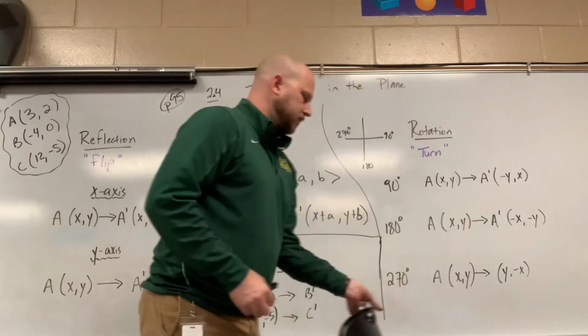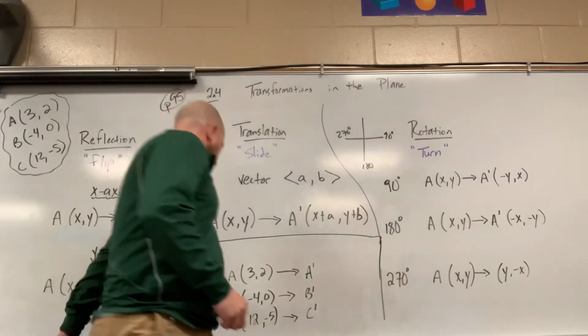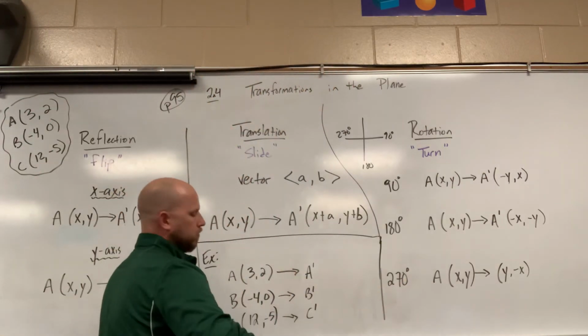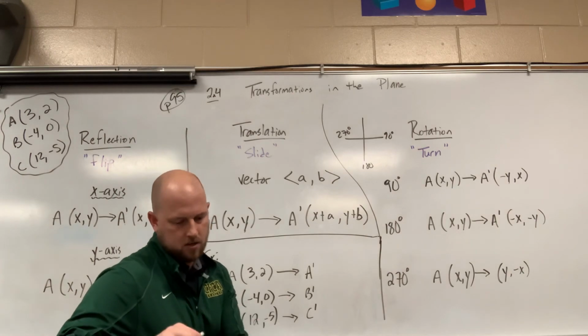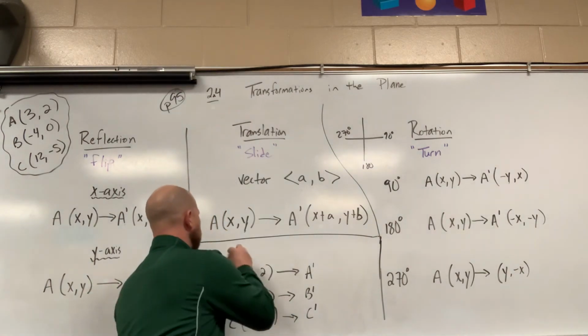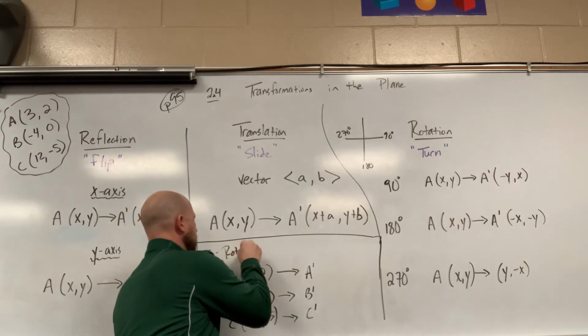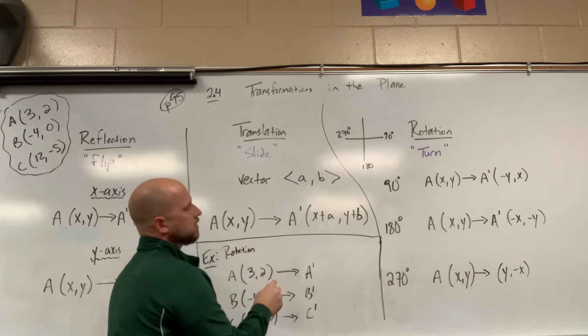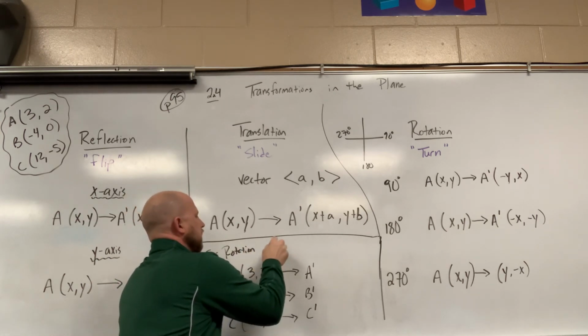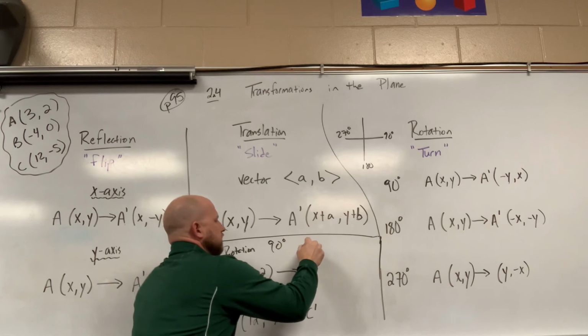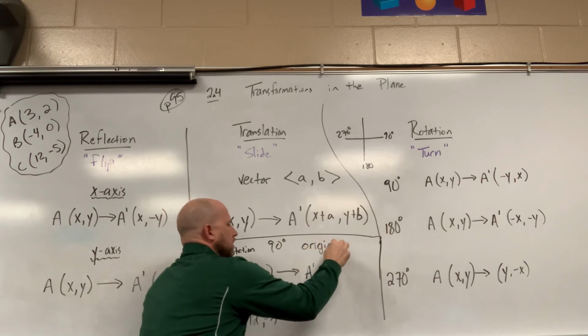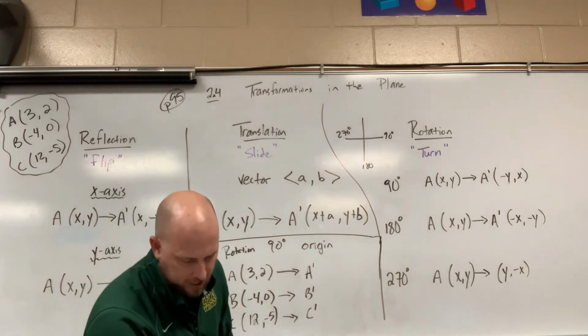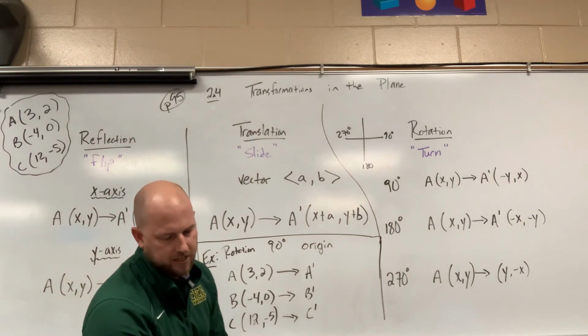So for A, we are going to be rotating 90 degrees about the origin.